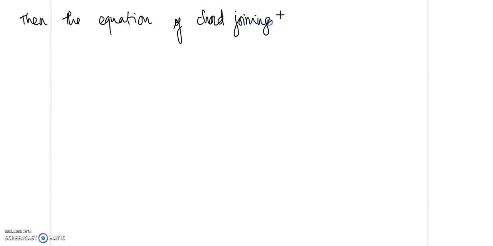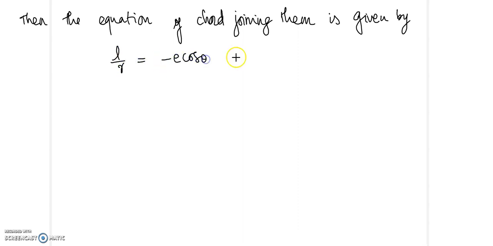Then, as we have seen in the previous class, the equation of the chord joining them will be given by l by r equal to minus e cos theta plus sec beta into cos theta minus alpha.